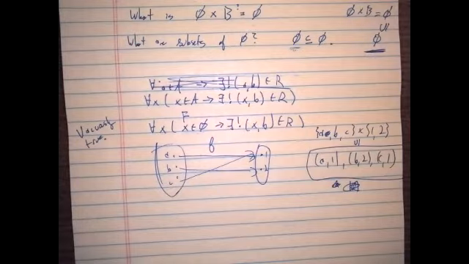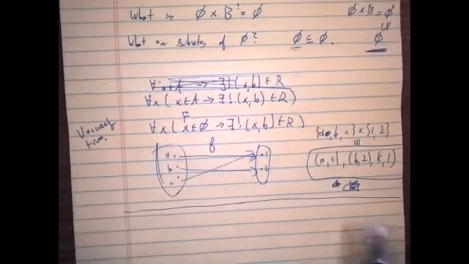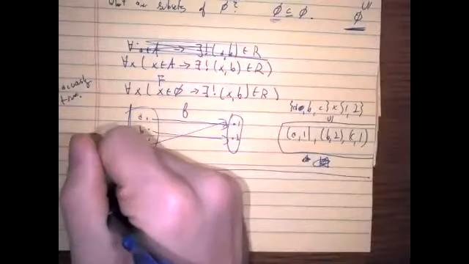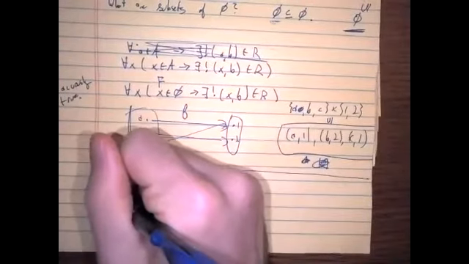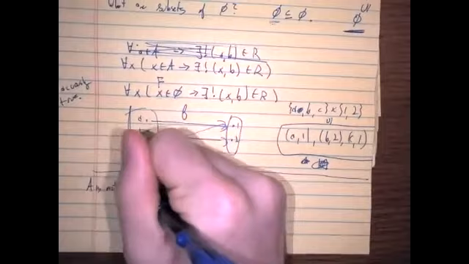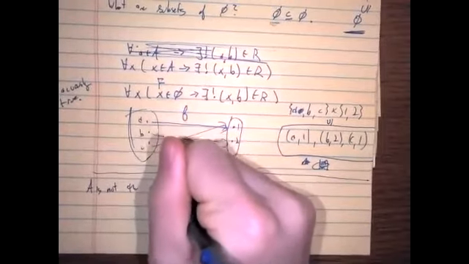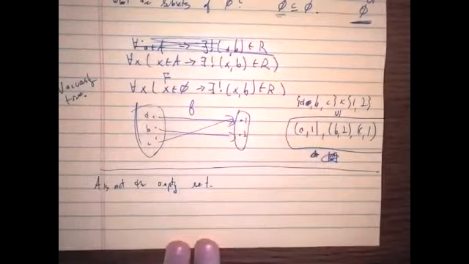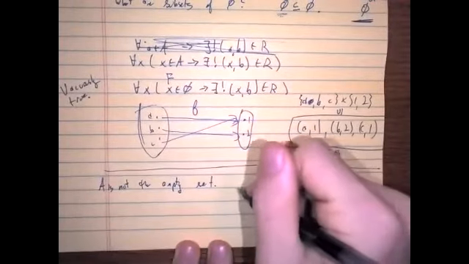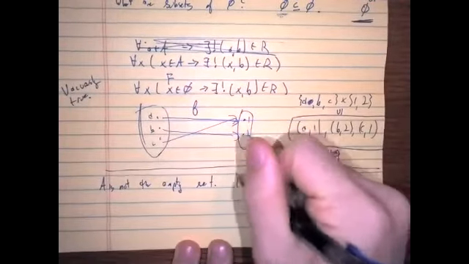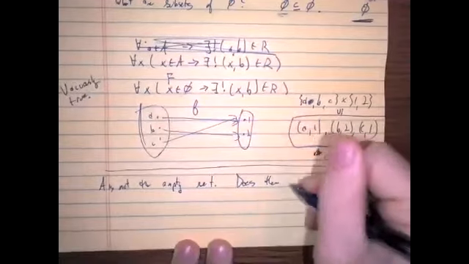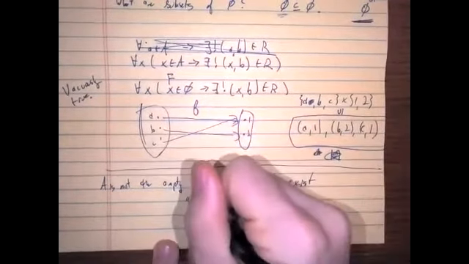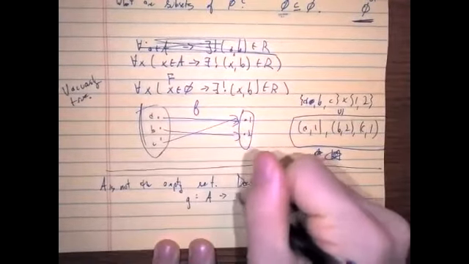That is an excellent question. That is actually the next thing that I was going to discuss. Let's say A is not the empty set. Does there exist a g from A to the empty set?